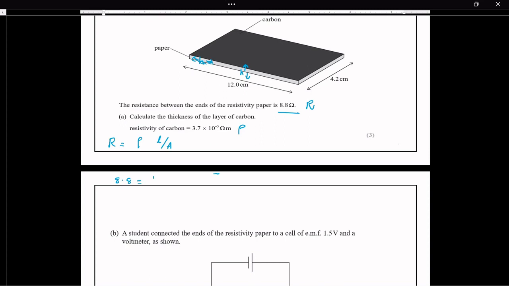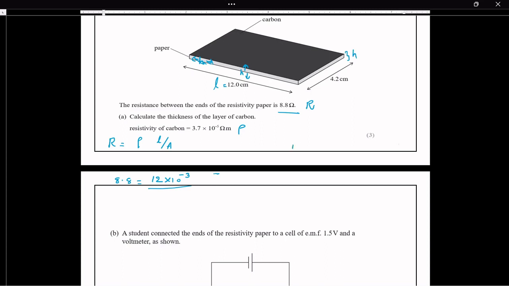It is 12 centimeter. So this comes as the length. Centimeter, I'm changing into meter. Length over, now the area. What is the area? Height times the width will come as the area.